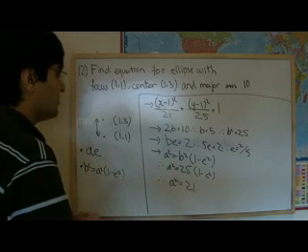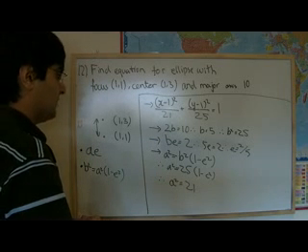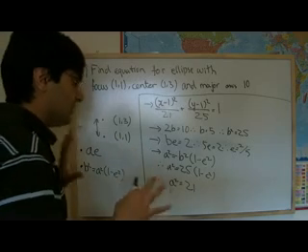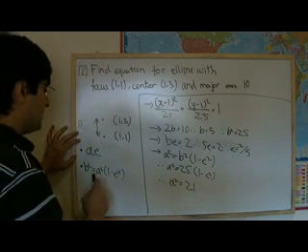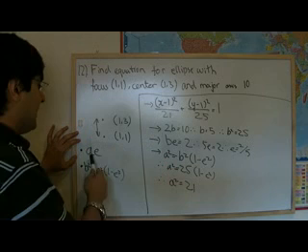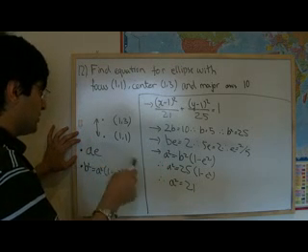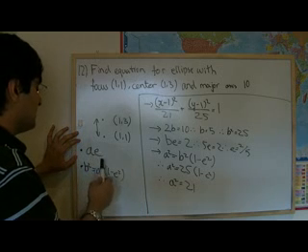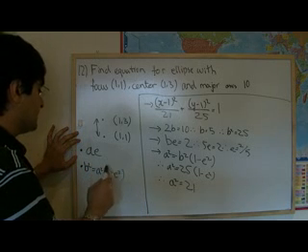I can understand if you find this a bit confusing because we haven't changed the relation, we've changed the notation of the relation a bit to suit the problem that we are currently doing. The reason we've done that is because when we talk about these relations in standard form, the horizontal axis is the major axis, hence why a is used to represent the distance between the focus and the center.